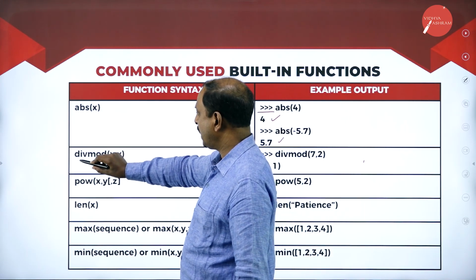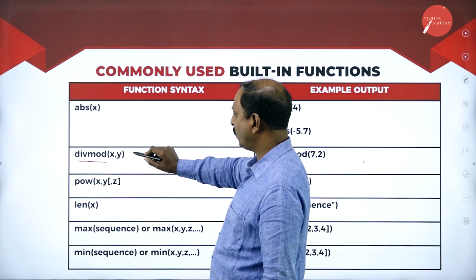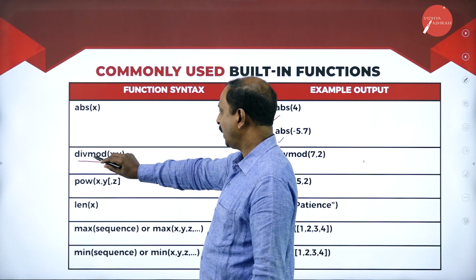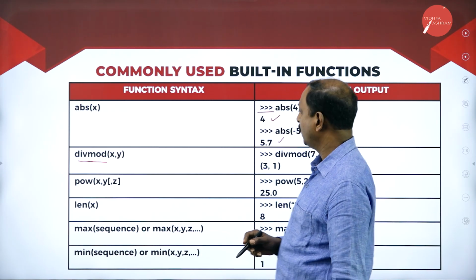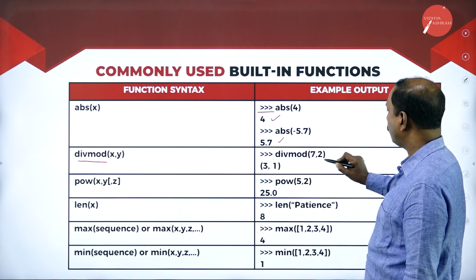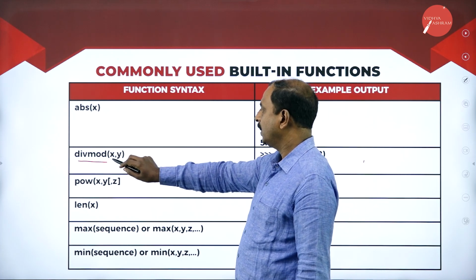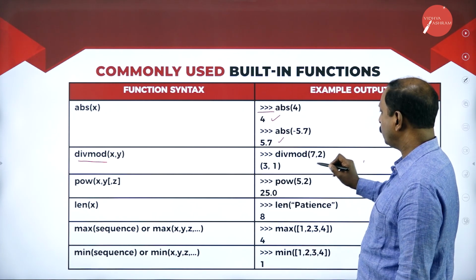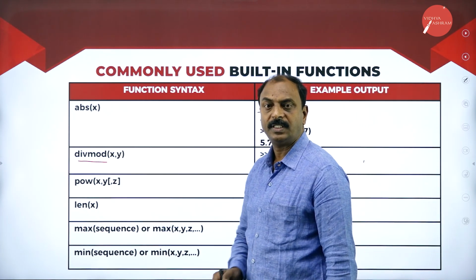The second function is divmod of x comma y. Here div stands for division and mod stands for modulus. If we use that function, divmod of 7 comma 2, giving the values of x and y as 7 and 2, there are two functions inside this.